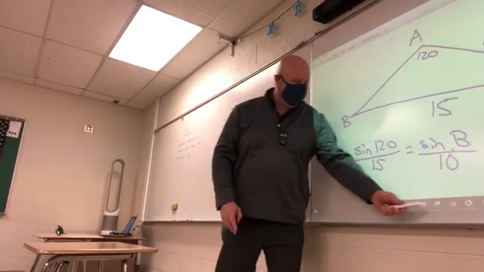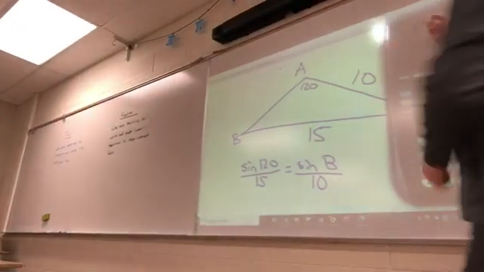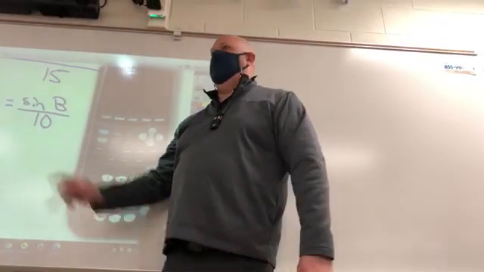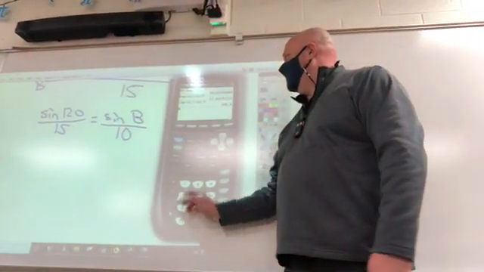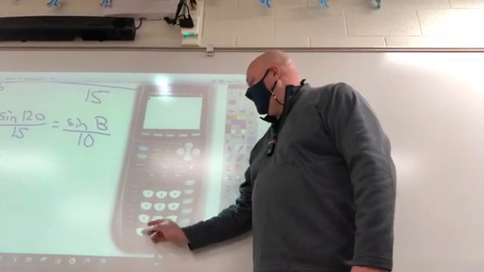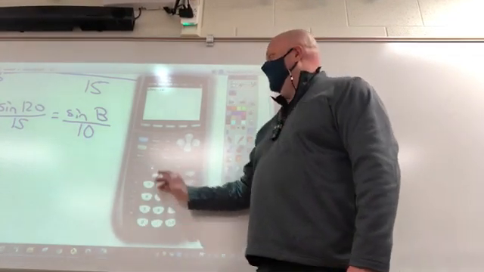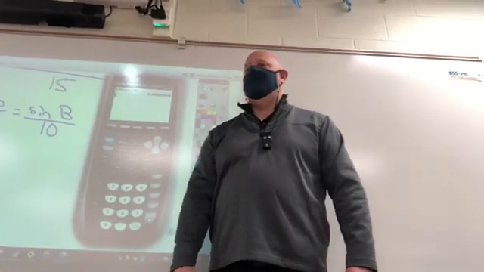Now, how do I solve that? What do I type into my calculator to solve that proportion? Well, I'm going to do 10 times the sine of 120, get that answer. Then what?